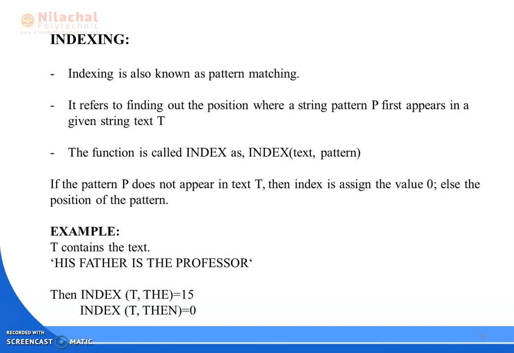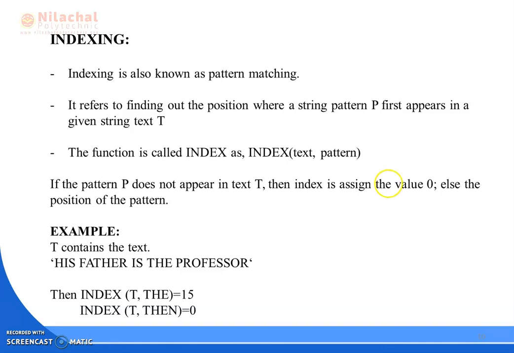We can understand it more clearly with an example. There is a text, or a string, which consists of a line: his father is the professor. This is the whole string we have, in text form. We have to find whether some patterns are available here or not.